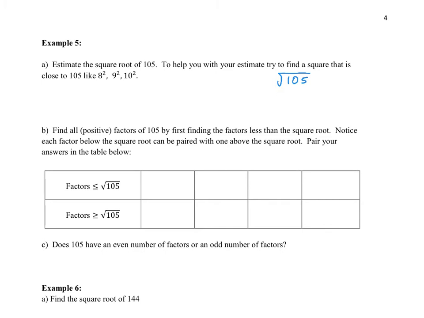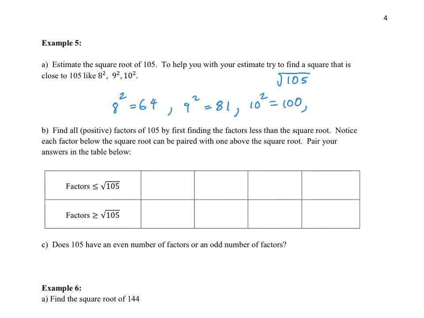So if we want the square root of 105, let's try to square some numbers that we might know, like 8 squared is 64. So that's maybe too small, but 9 squared is 81. Well, we're getting closer to 105. So 10 squared, that's 100.